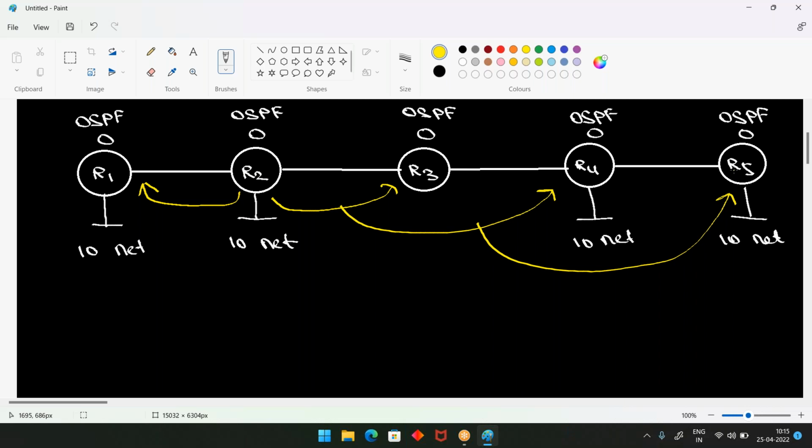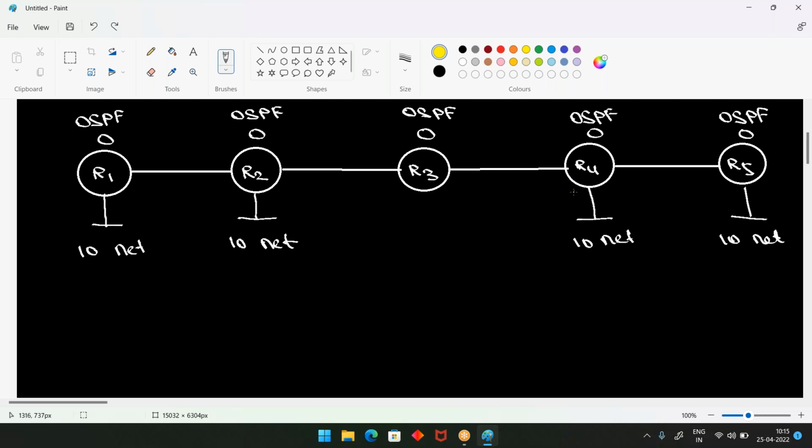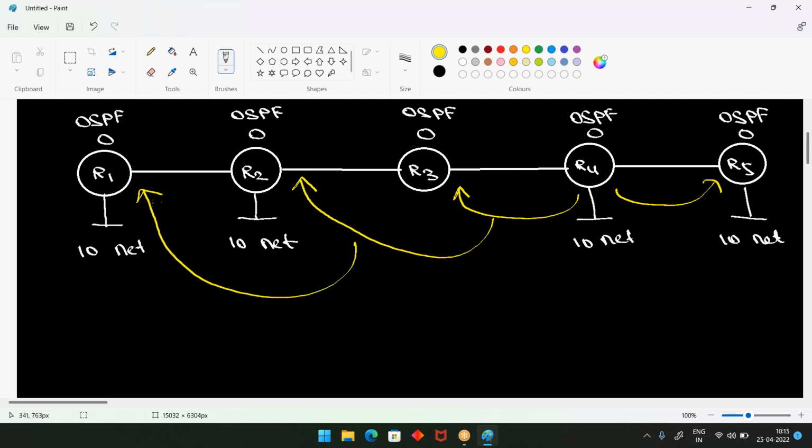Sir, what about R4 here? R4 will also share its own 10 networks with R5, R3, R2, and R1. Why? Because R4 belongs to area 0, and these four devices also belong to area 0 only.